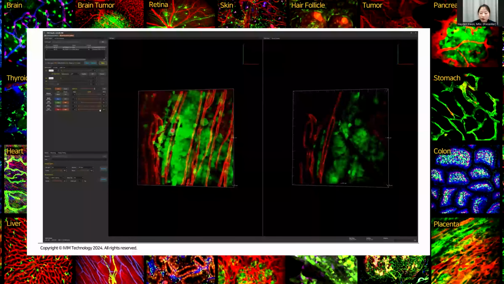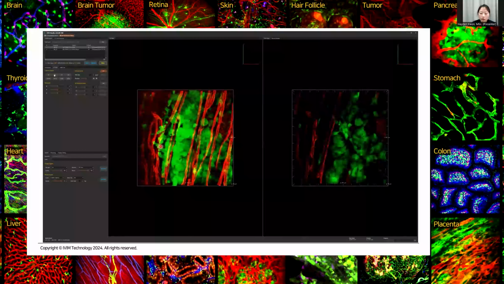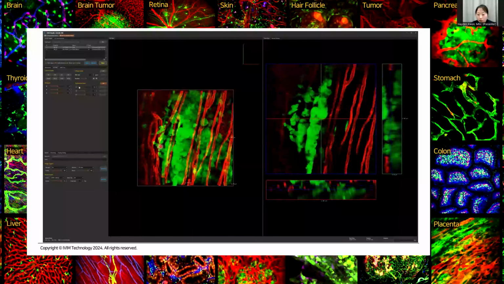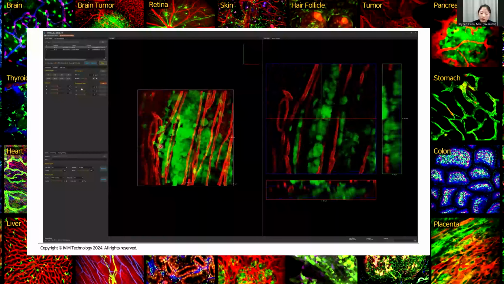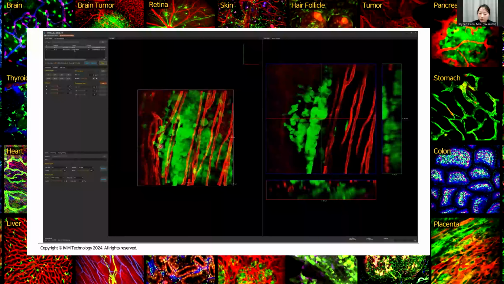By making a few adjustments within the software, we can generate and extract video clips that provide a horizontally rotating 3D view of the cellular structure and an orthogonal view to analyze the interaction between cancer cells and therapeutic molecules, if you inject them, for visualization.